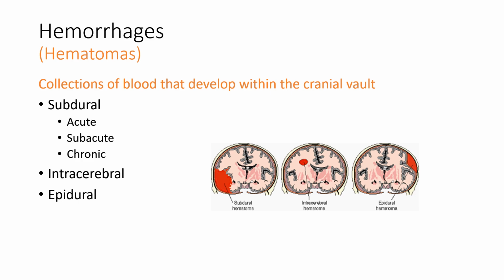The second type of bleed is an intracerebral bleed. This is bleeding into the substance of the brain, and we talked about this a bit when we talked about stroke. But it is also common with head injuries, small forceful injuries such as bullet wounds, stab wounds. But as in stroke, the hemorrhages may also result from prolonged hypertension or rupture of an aneurysm.